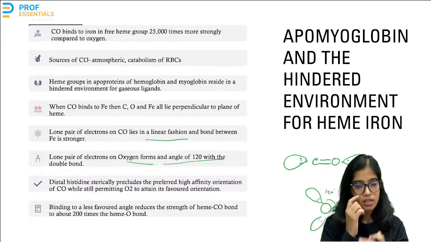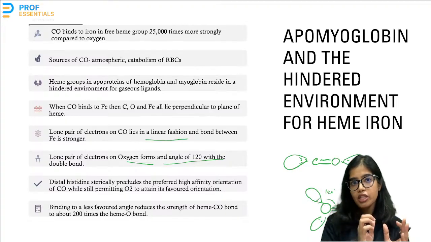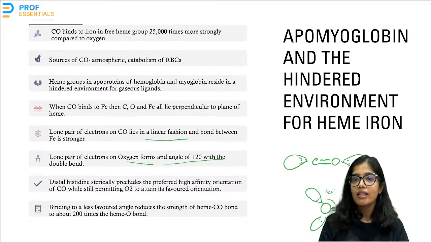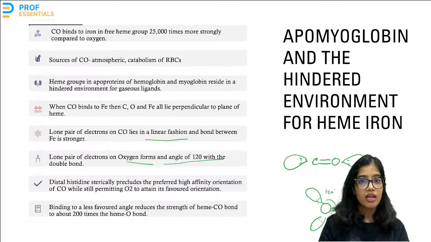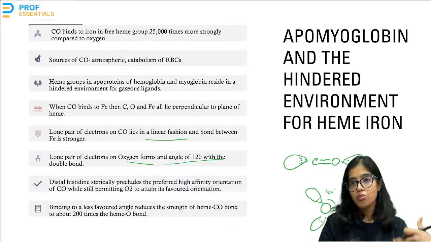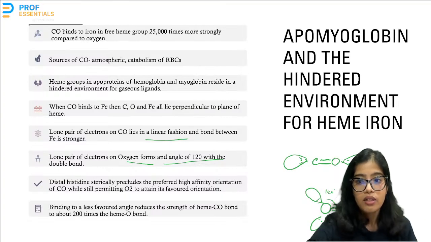Why? Because the lone pair of electrons on oxygen is at an angle of 120 degrees with the double bond. Easy. So there is no steric hindrance for oxygen. But when there is a high concentration of carbon monoxide, the affinity prevails and carboxyhemoglobin is formed.